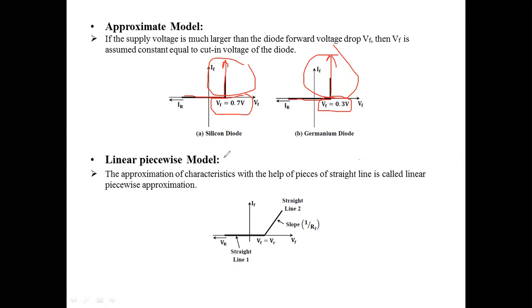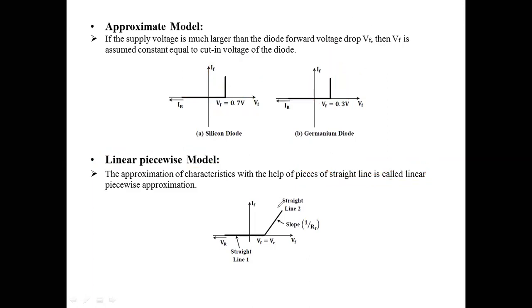Now the third one, the linear piecewise model. Linear means lines: two pieces of straight lines are used to approximate this characteristic, therefore they call it the linear piecewise model.